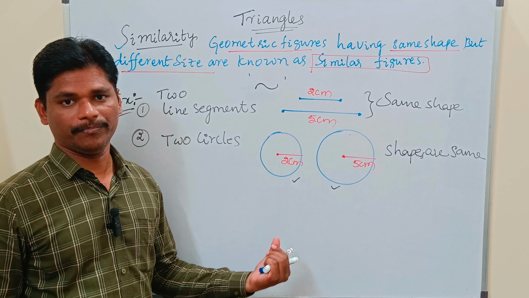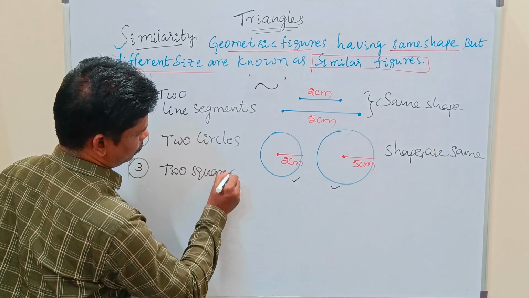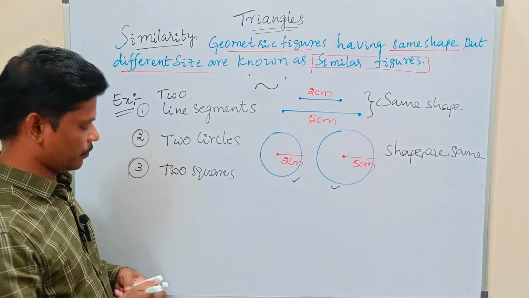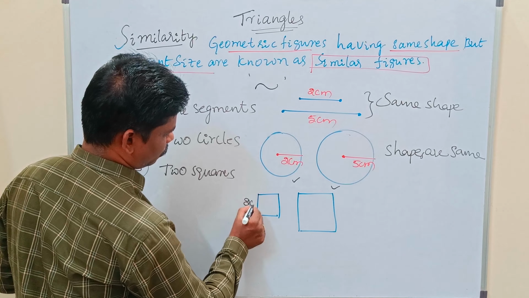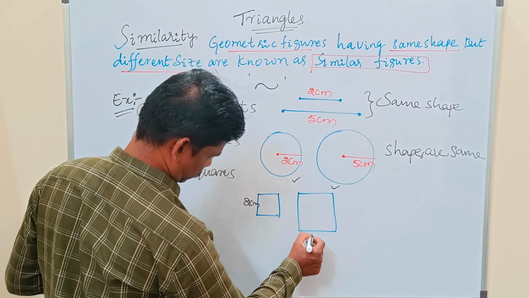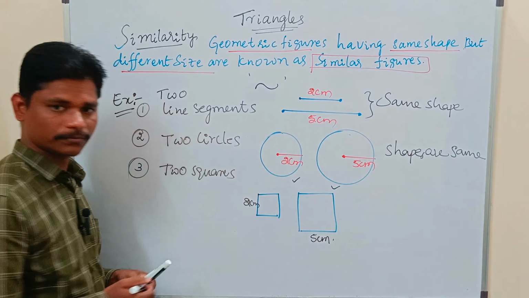Next, take two squares. This is one square and this is another square. Suppose this has a side of 2 centimeters and this has a side of 5 centimeters.